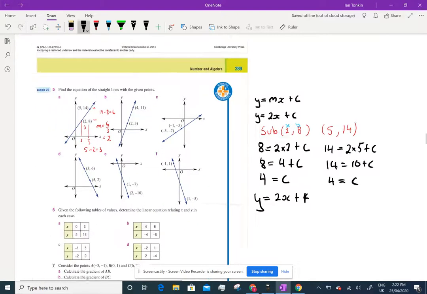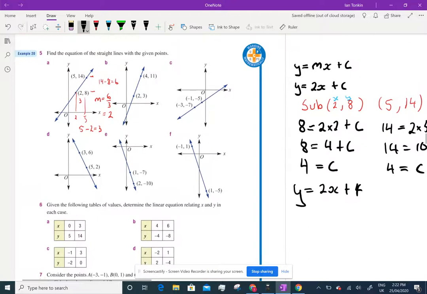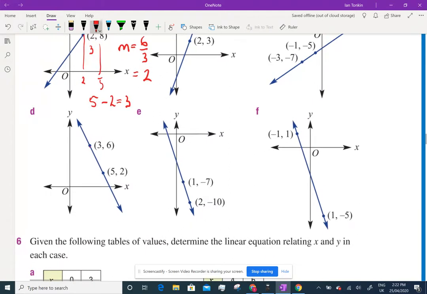Let's have a go at another one. Remember, I'm going to do this one that's going down. So I'm going to do this one here. Now, some people are already getting really fast at this, working out the easiest way to find the rise over the run is to subtract the y values and to subtract the x values. Because here I'm going from 2 up to 6, and 6 minus 2 is 4.